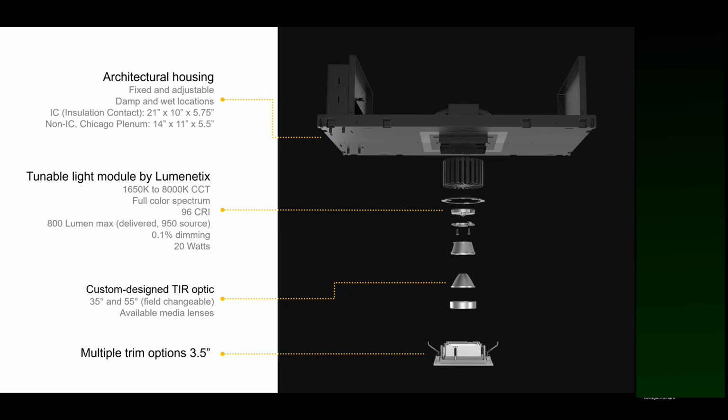Color rendering index is 96. Lumen output is 800 with a power draw of 20 watts. 0.1% dimming capability. Field changeable TIR optics with beam spread options of 35 and 55 degrees, and also available media lenses.